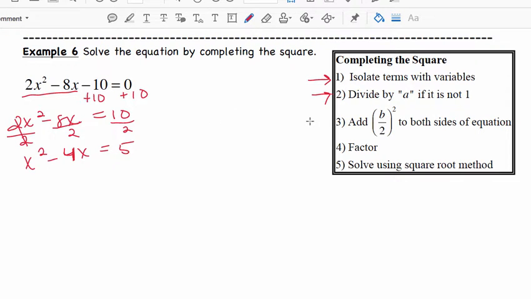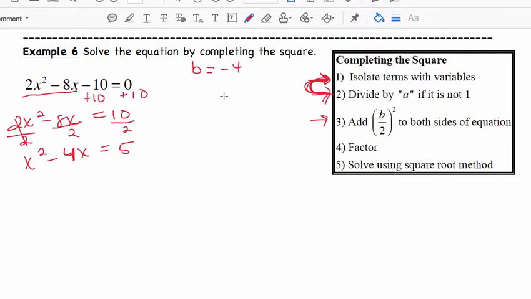Okay, so after you get those two steps done, which are interchangeable, it doesn't matter which one of these you do first, then I'm going to go ahead and add b over 2 squared to both sides. By adding b over 2 squared to both sides of the equation, I'm going to be able to factor the left side in a special way. So let's go ahead and look at b. b is equal to negative 4.